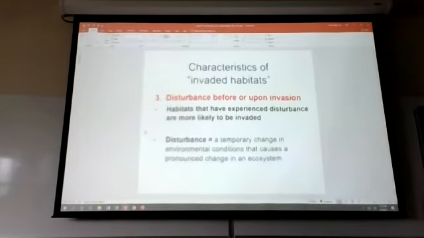Yes. Oh, that's housing. Deforestation. Human activity.